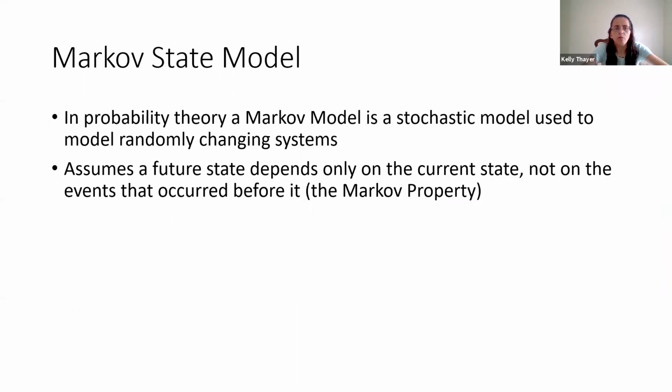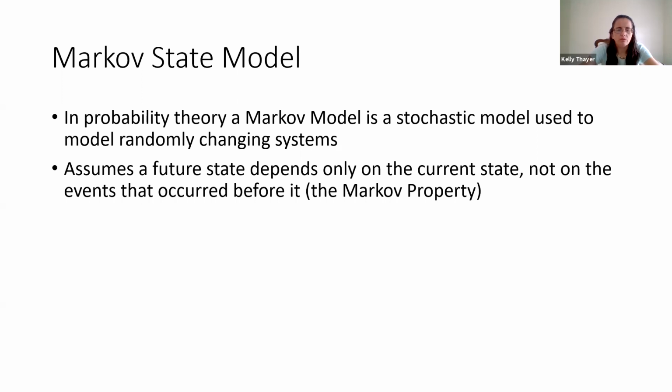So a more formal way to look at what this is is given here. In probability theory, a Markov model is a stochastic model used to model randomly changing systems. And that's why we're going to take a look at random walks, because a random walk means it's going to progress in a direction based solely on random selection.